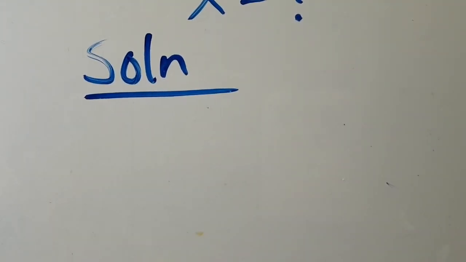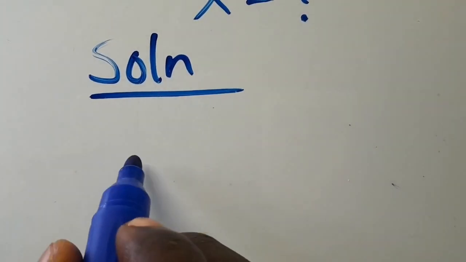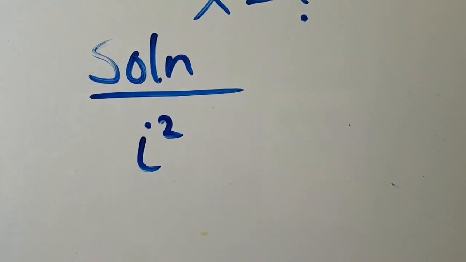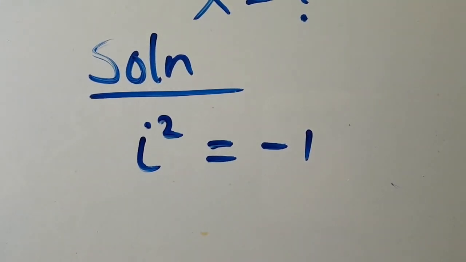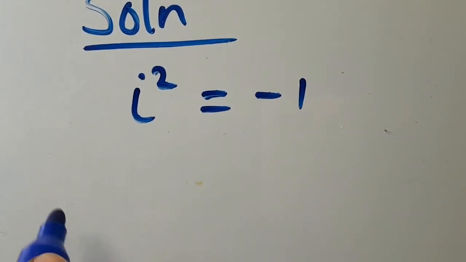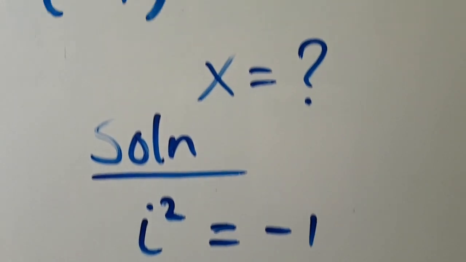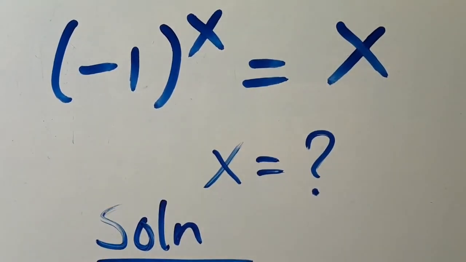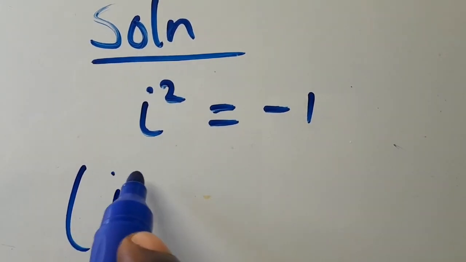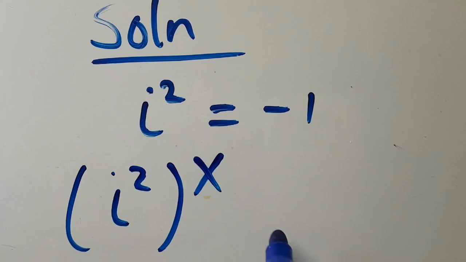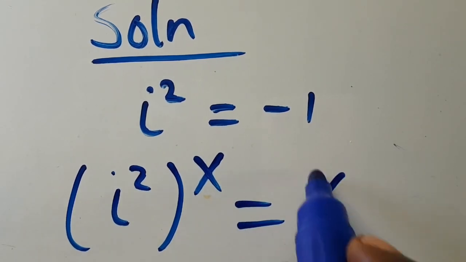Then recall that from the complex number we have i^2 equals minus 1. So from here, where we have minus 1, you can substitute it as i^2. So here will now be (i^2)^x equals x.